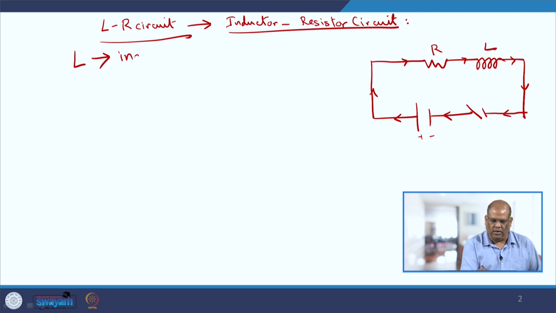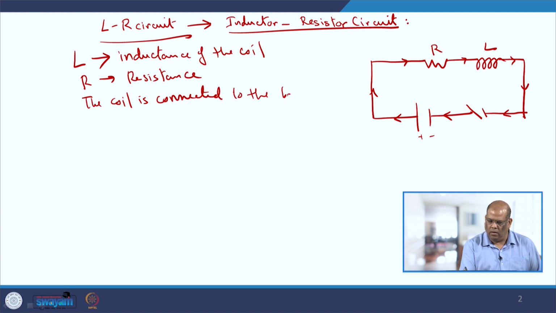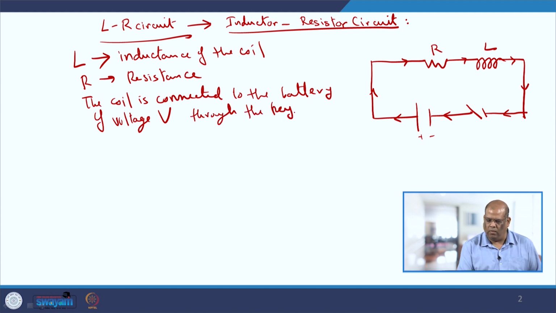This L is the inductance of the coil, R is the resistance, the coil is connected to the battery of voltage V through the key, which can be read as switch. This is K.